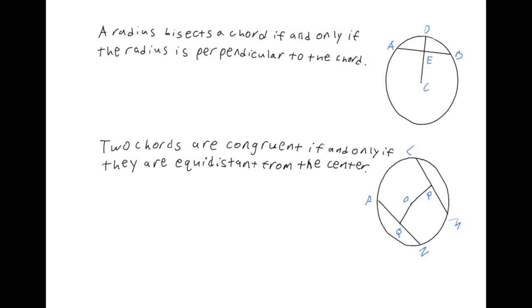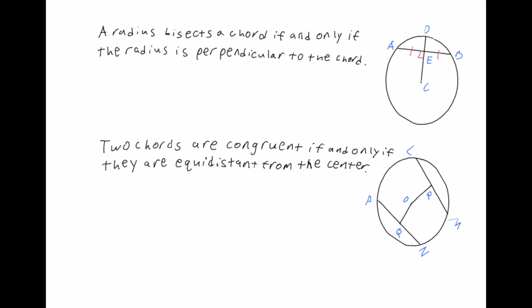So it works both ways. So if it's perpendicular, then it bisects it. If it bisects it, then it's perpendicular. Works both ways. So that's where we can say if this is a right angle, if it's perpendicular, then the chord is bisected.